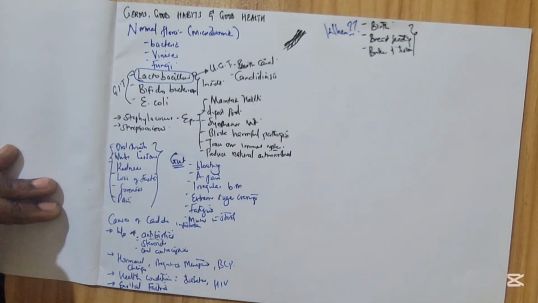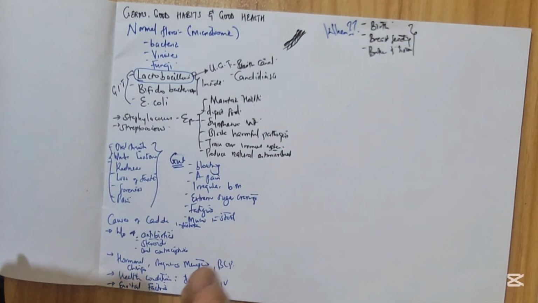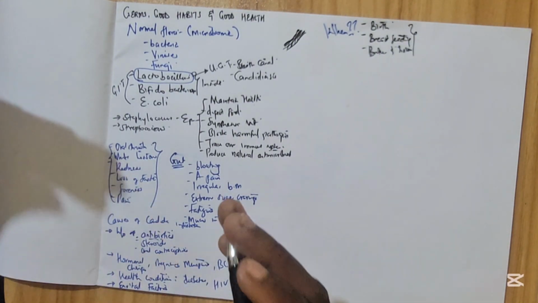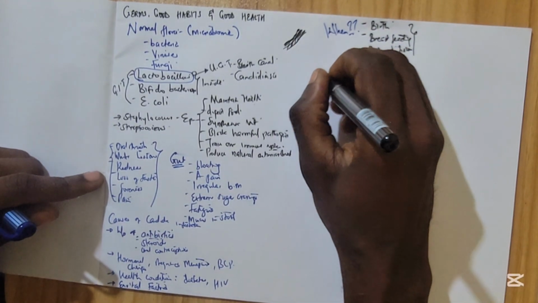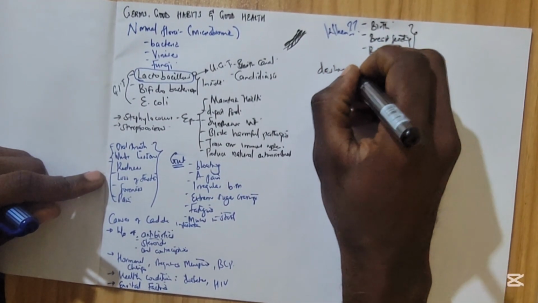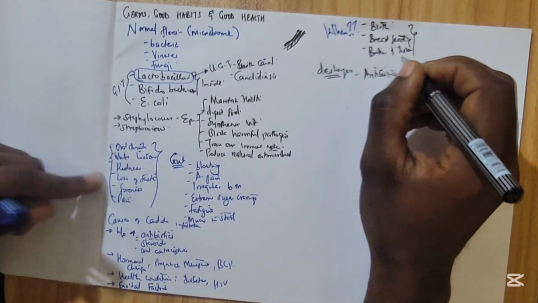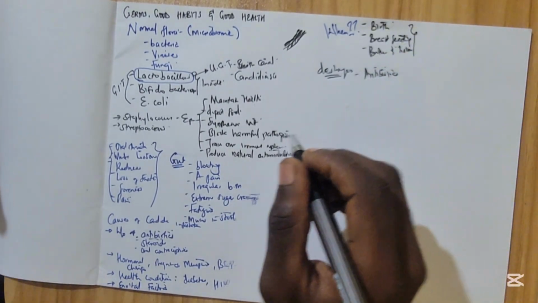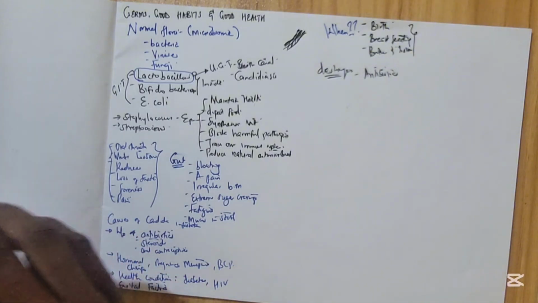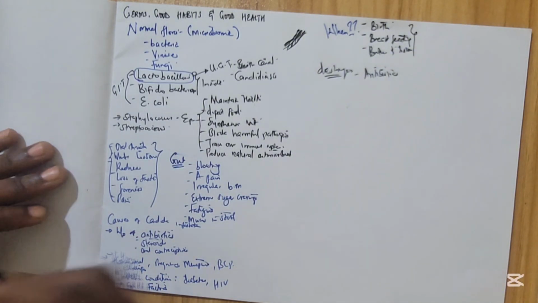Okay. What things destroy this good normal flora? We have already seen some of the destroyers. One of them is the rampant use of antibiotics. That's why today even WHO advises us against overuse of antibiotics.